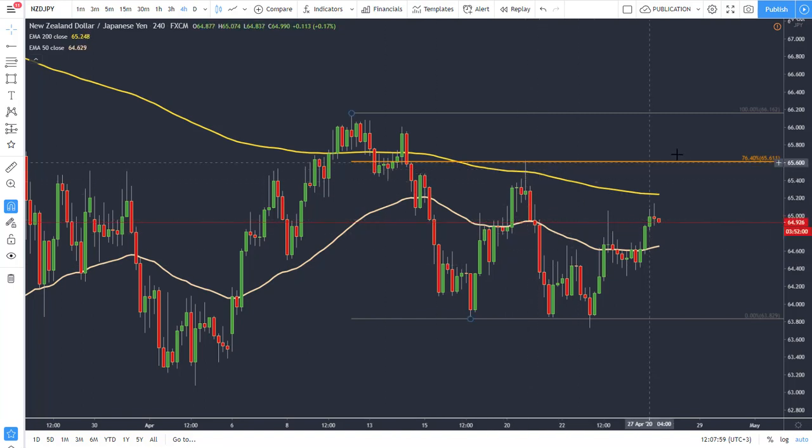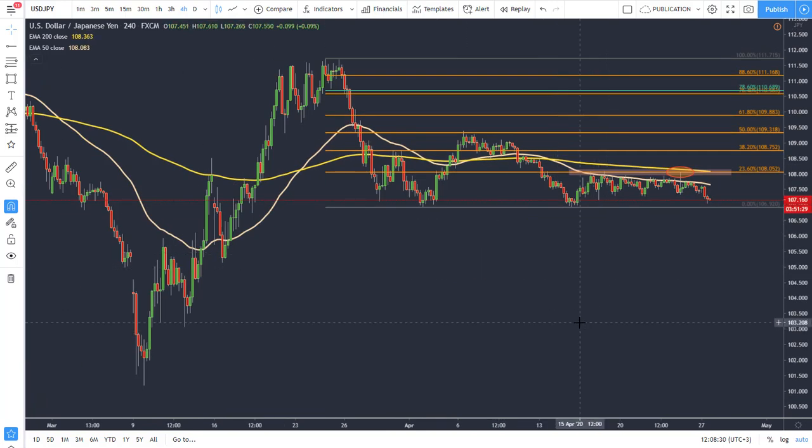And on this bounce, you can see clearly the 76.4 Fibonacci level has been rejected if we apply Fibonacci to this wave down. So this is a very strong resistance now, and perhaps price can retest, attempt to make a spike higher, but still this seems like a bearish trend, and price could even start going down from this point onwards. So overall, same for New Zealand Japanese yen.